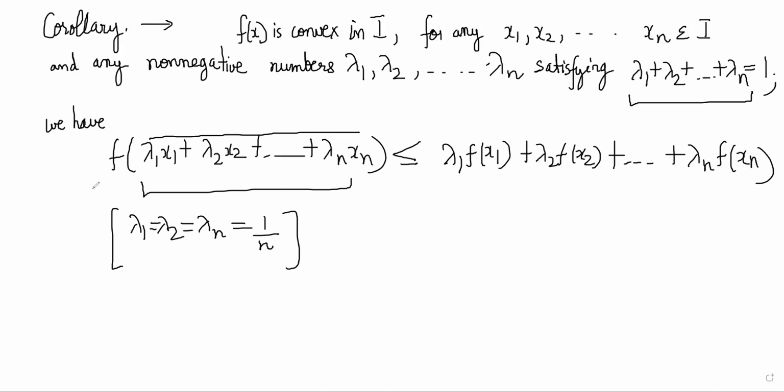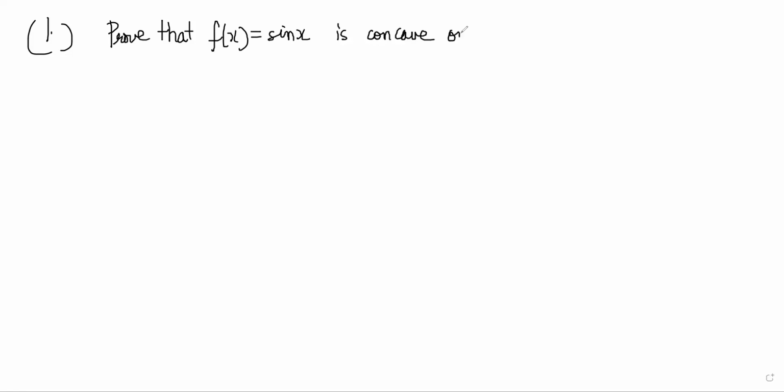Right. So now what we will do is we will apply the inequality to some problems. So let's look at the first question where we check concavity and convexity. We have to prove that f of x is equal to sin x is concave on 0 to pi.